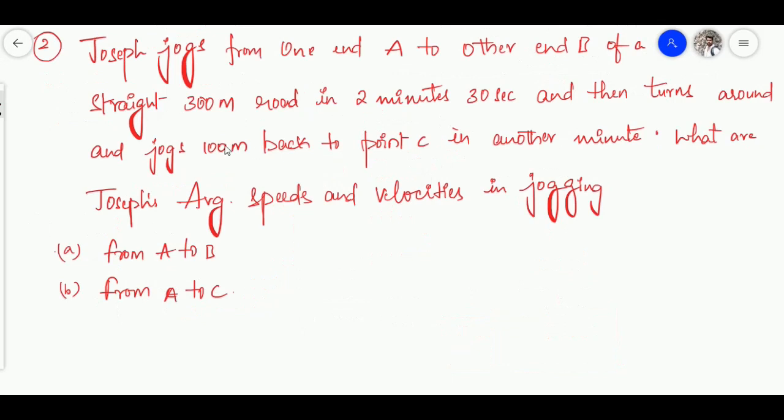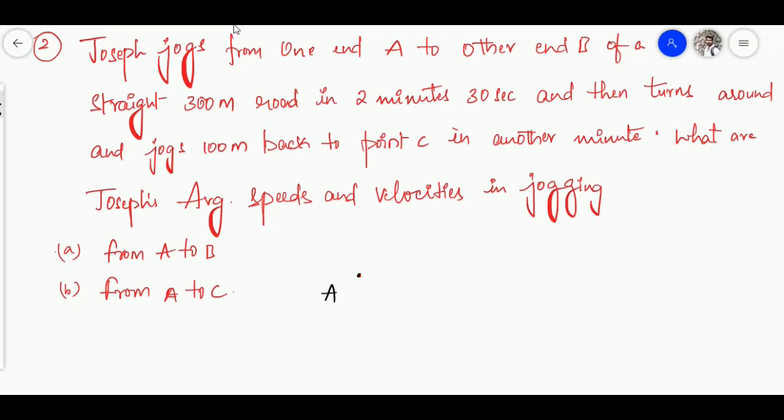Now coming to the second question, let's read out the question. Joseph jogs from one end A to the other end B of a straight 300 meters road in 2 minutes 30 seconds. So let's make the figure simple.